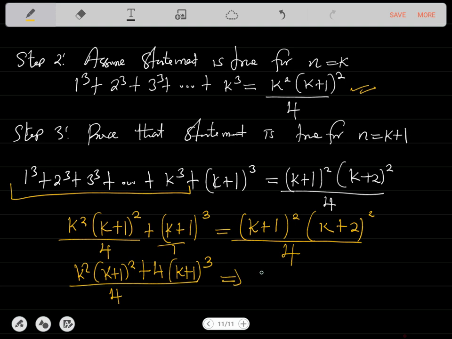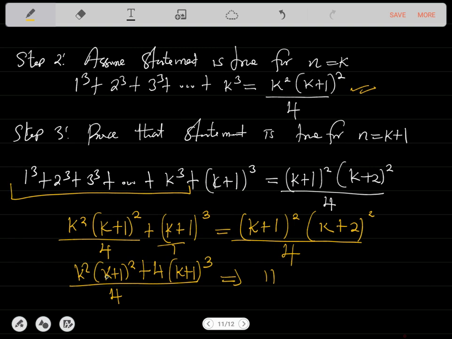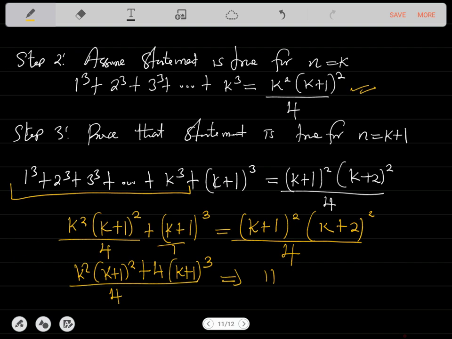Let's keep this one the way it is. So you can expand here. Of course, here there is squared. So I've got k squared. If I expand here, I'm getting k squared plus 2k plus 1.